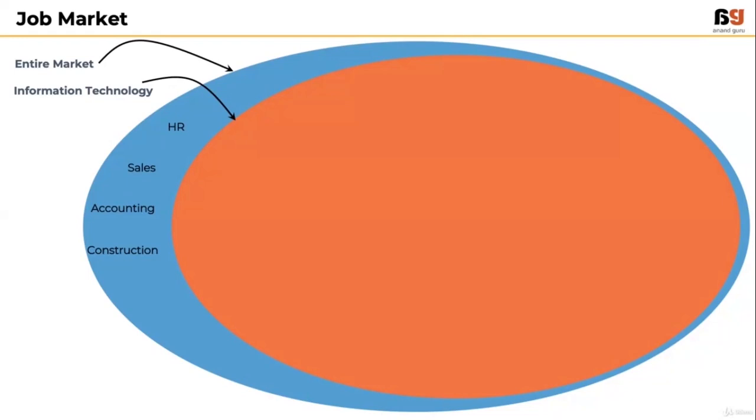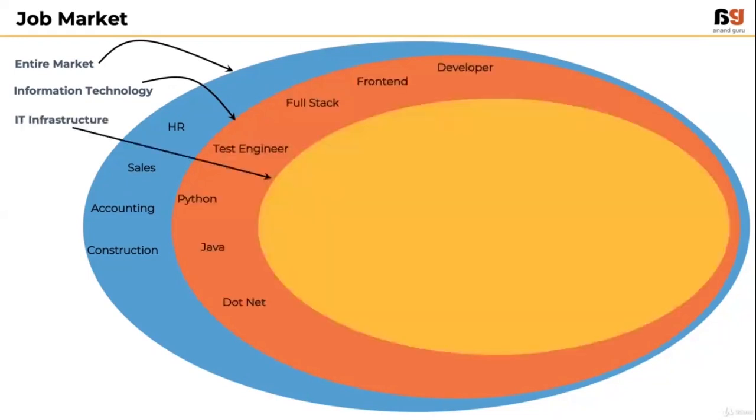Inside this orange line, that's where you find developers, front end, full stack, Python engineers. These engineers make use of technologies like Python, Java, .NET, JavaScript, front and back end, to develop solutions for the market.